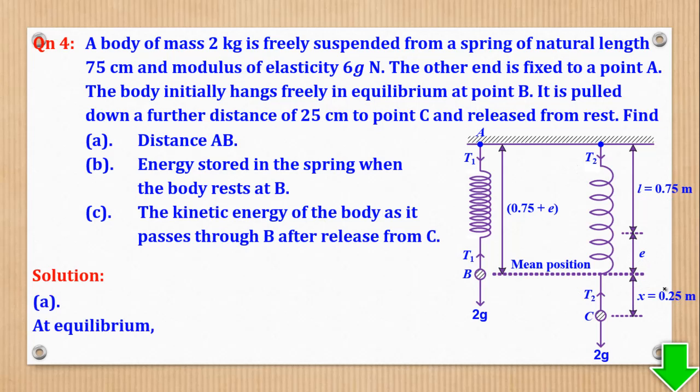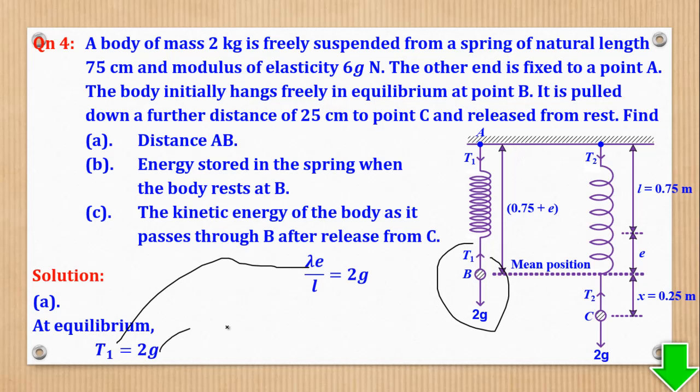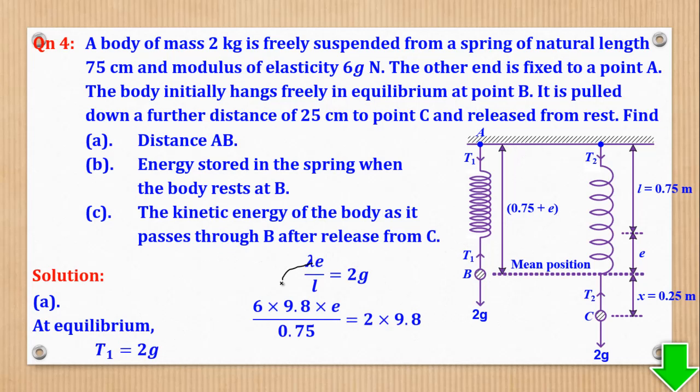So now we shall start with part A, distance AB. They want the distance from A to B, which is this. So how can we get the extension? T is equal to 2g. So by Hooke's law, T is that, equal to 2g. Then substitute for this.